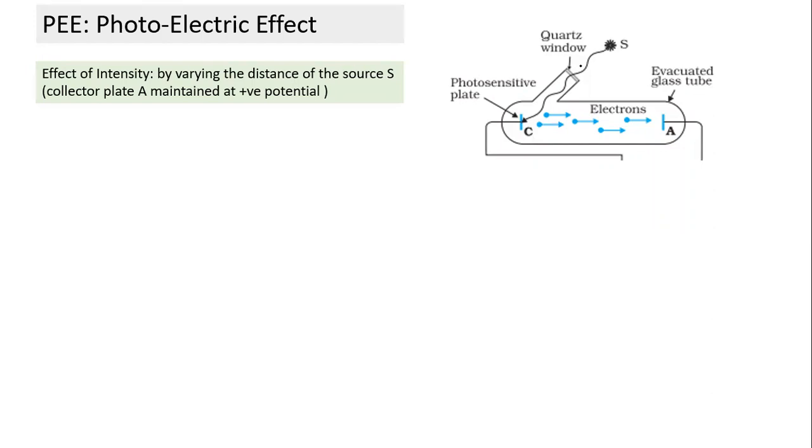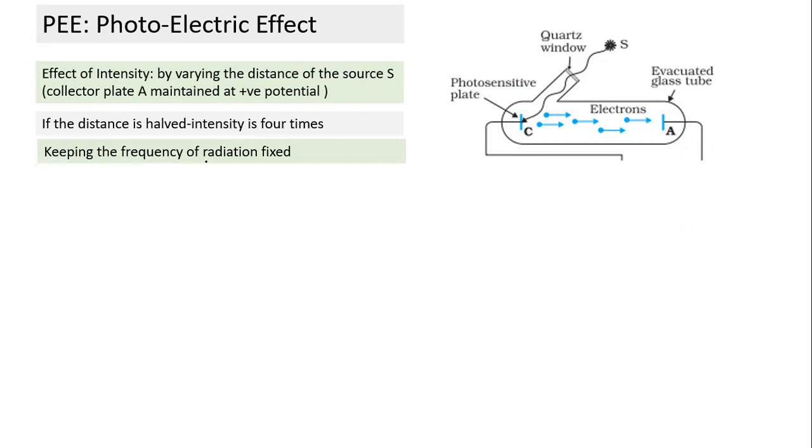If we move the source closer to the plate, intensity increases, and if we move it away, intensity decreases. So by changing the distance, with the same light source, I can change the intensity. If the distance is half, intensity becomes 4 times. We know that. Keeping the frequency of radiation fixed. How do we keep the frequency? Same color. Our common understanding is that a particular color has a particular frequency.